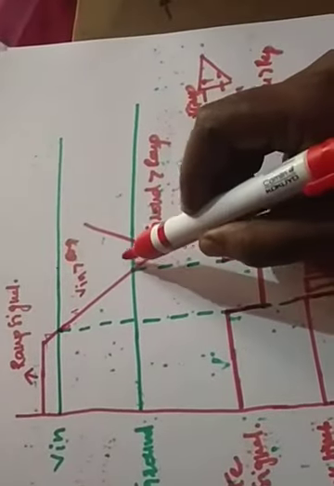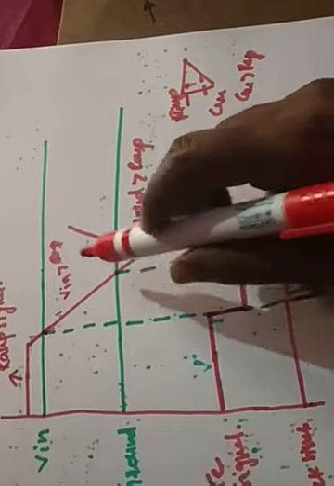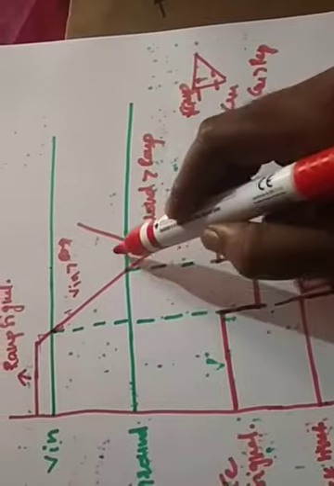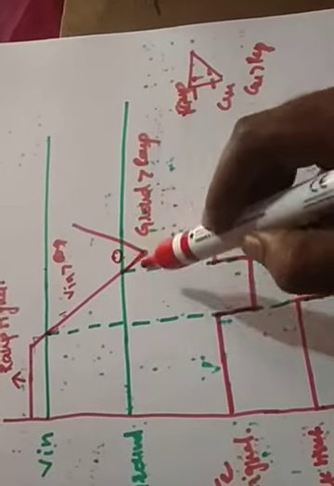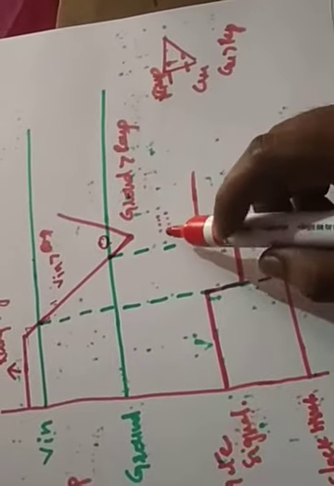See, this is the ground, this is the ramp. The ground is greater than the ramp signal. Then your comparator will send a stop signal to the gate. So definitely, your gate will close.